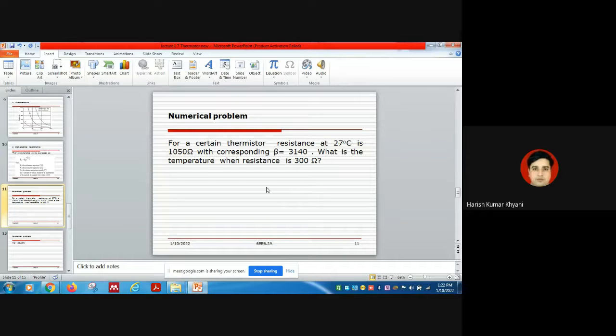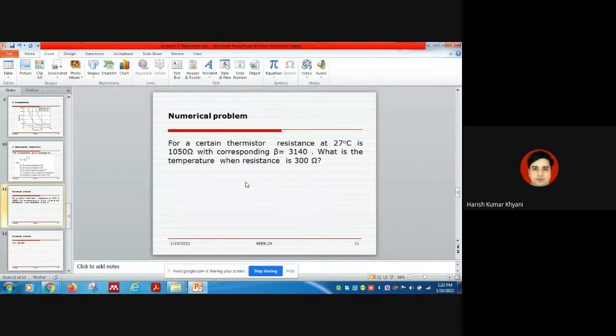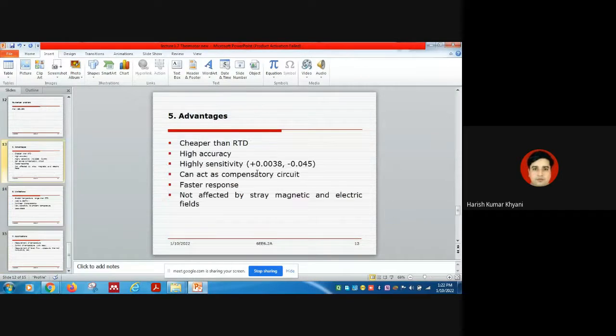And we are supposed to determine the temperature when the resistance is 300 ohm. So use the expression and find out the value. If you solve this problem, you will find the value is 281.69 Kelvin. Here in this problem, the temperature is given in degrees centigrade, so please convert it into Kelvin and then only solve.